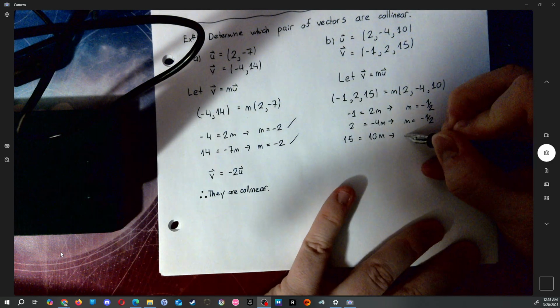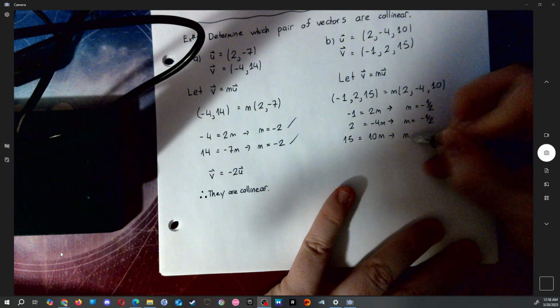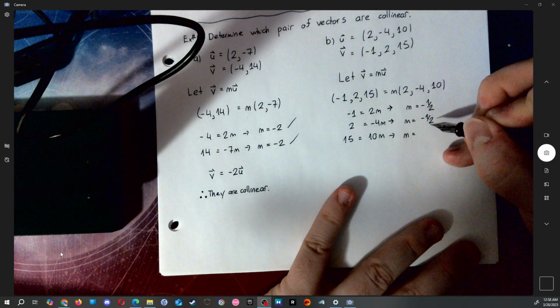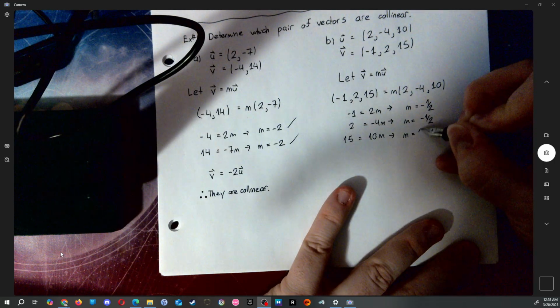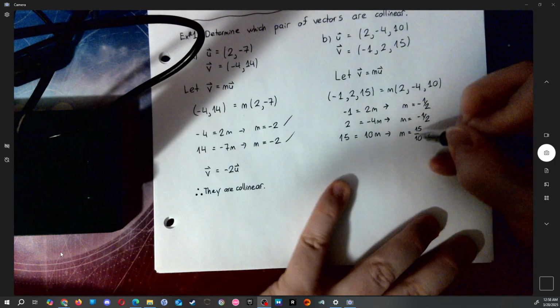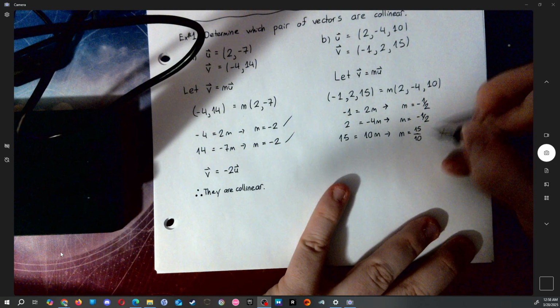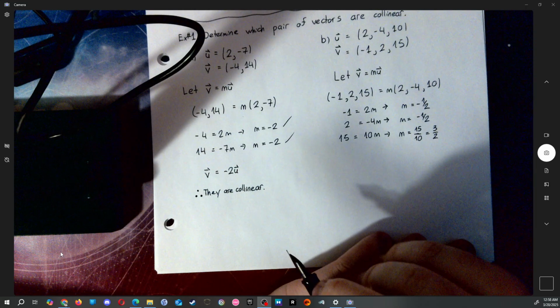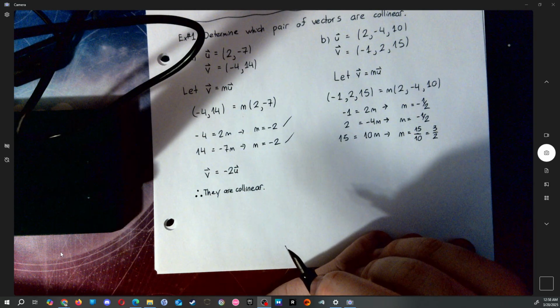So, sorry about that. m here would just be equal to 15 divided by 10, which wouldn't give us the same thing, right? 15 divided by 10. It doesn't even have a negative value, so no matter what this simplifies to, it's still not going to match. Even its value, it's not what we need.